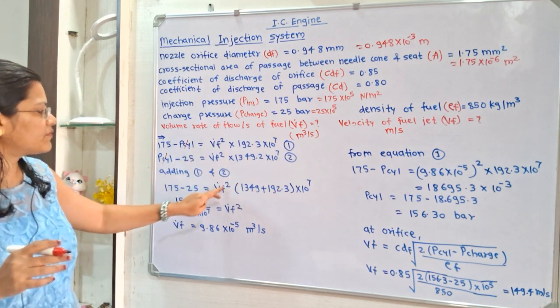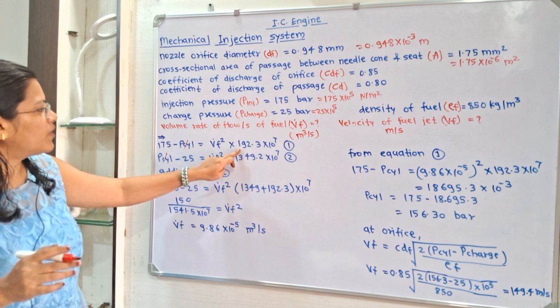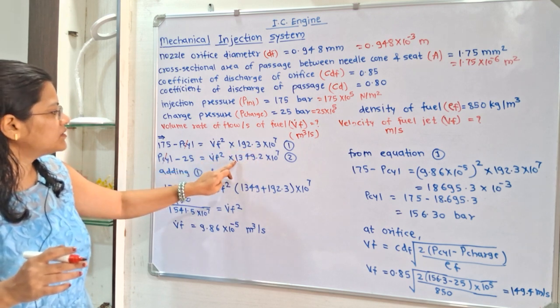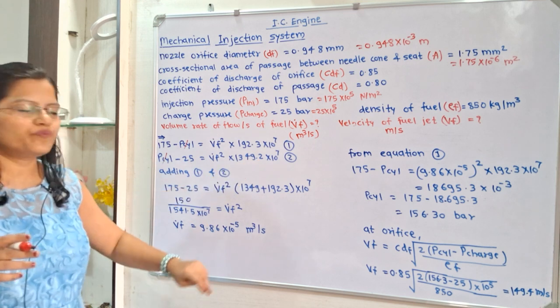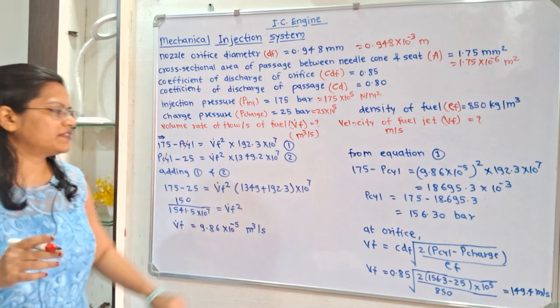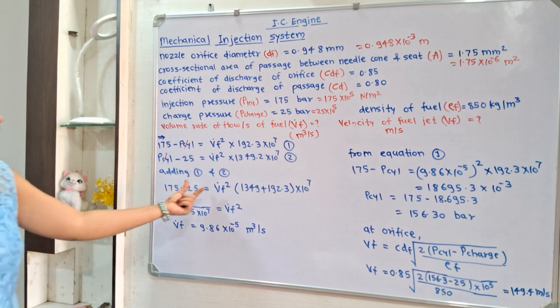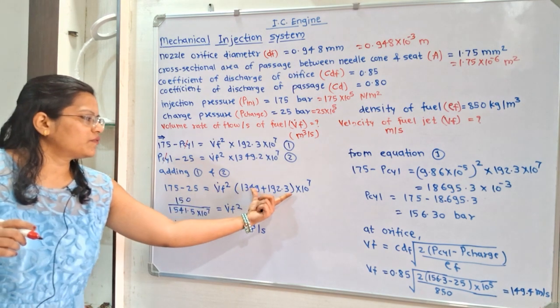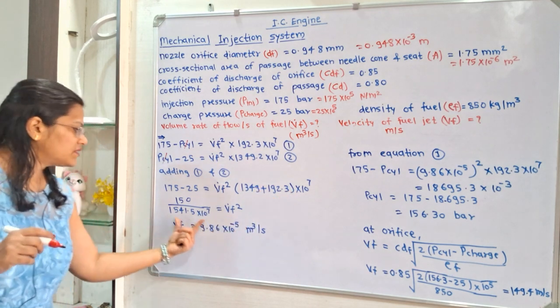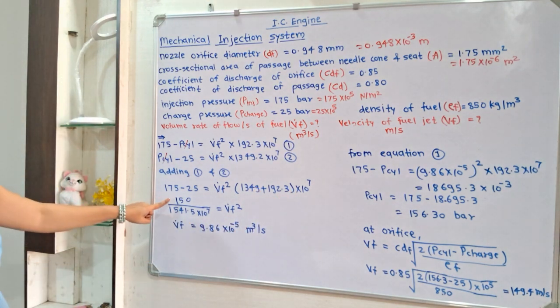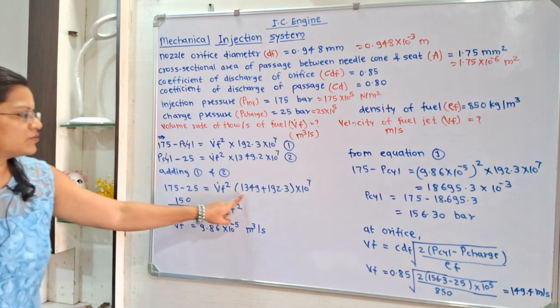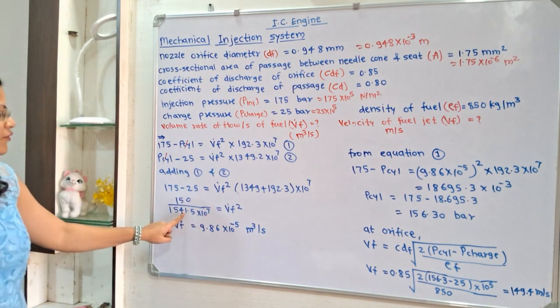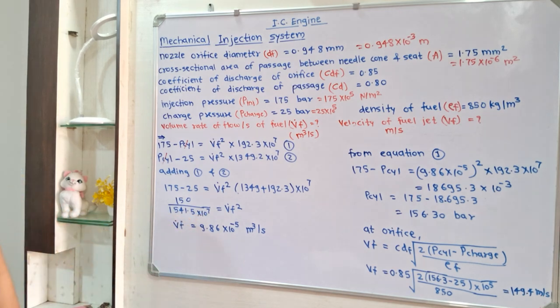V dot F square inside the bracket 192.3 plus 1349.2, bracket complete, into 10 raised to 7. Now we have to find out V dot F square, so we will transfer this term to the denominator. It will become 150 divided by, when we solve this, 1541.5 into 10 raised to 7.